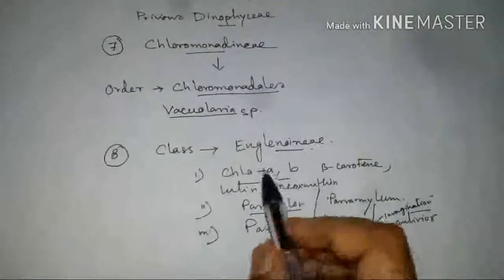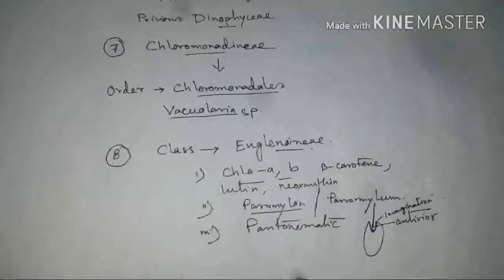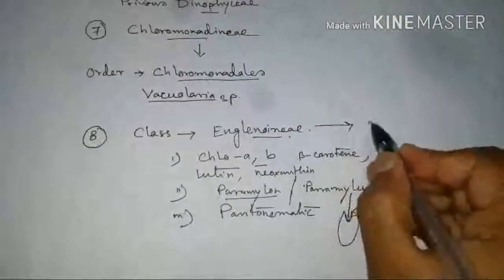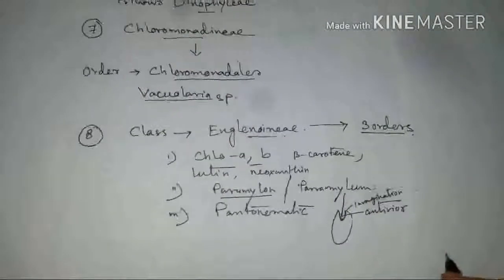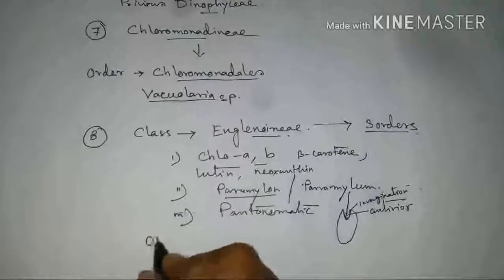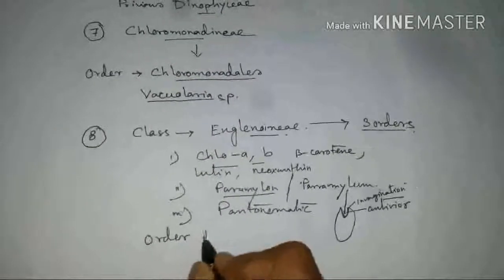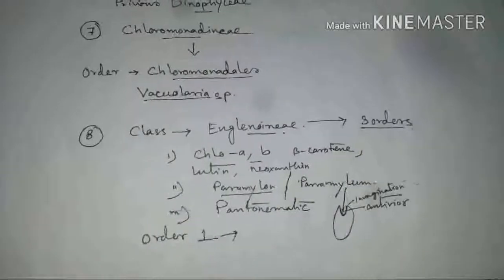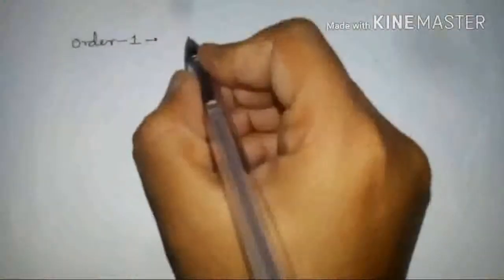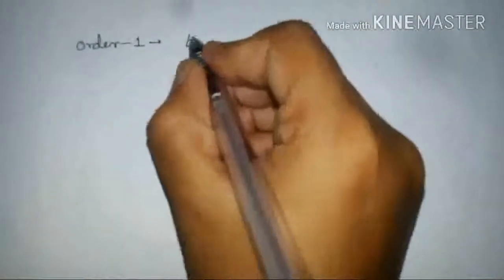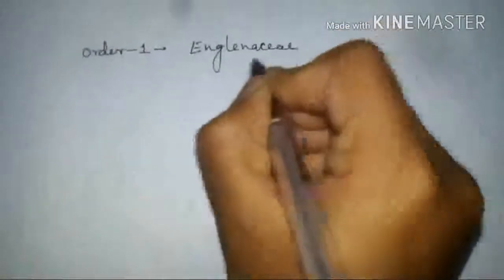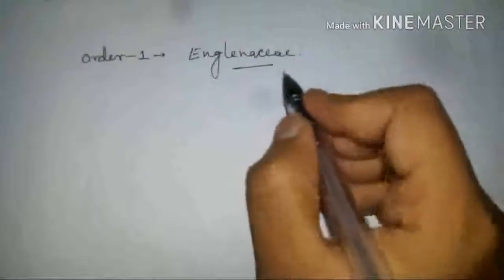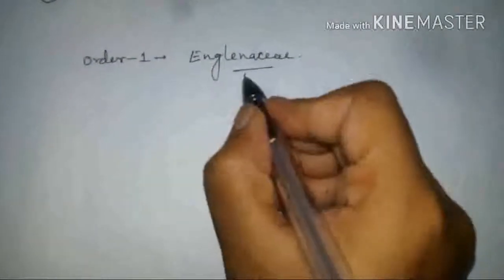Now the class Euglena is divided into 3 orders. The first order is Euglenaceae, and an example of this order is Euglena.